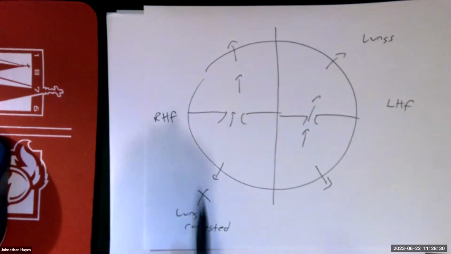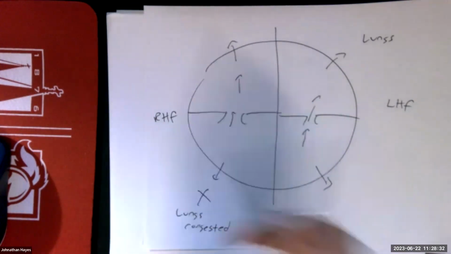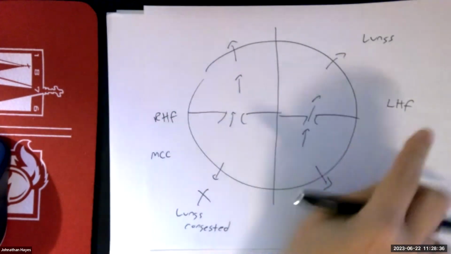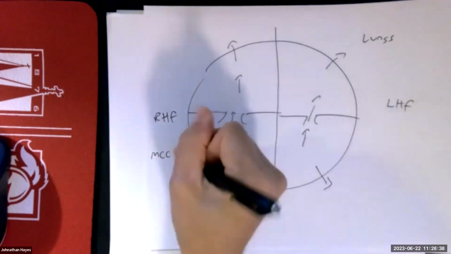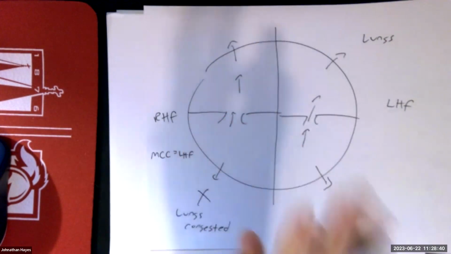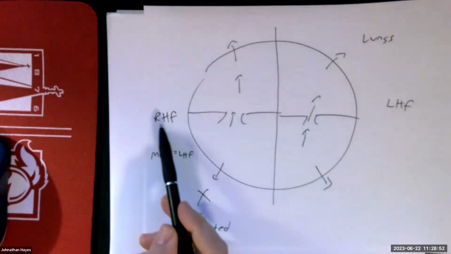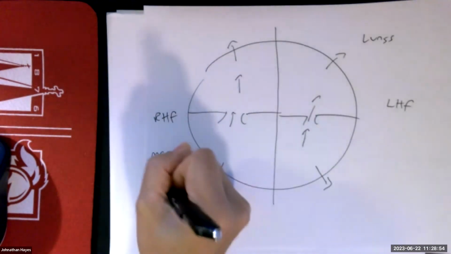But now when you have right-sided heart failure, the most common cause of right-sided heart failure is pre-existing left-sided heart failure. It doesn't have to be. You can have right-sided heart failure in the absence of left-sided heart failure due to pulmonary hypertension, which can be caused by other things. But if you have right-sided heart failure, what are all the signs and symptoms?